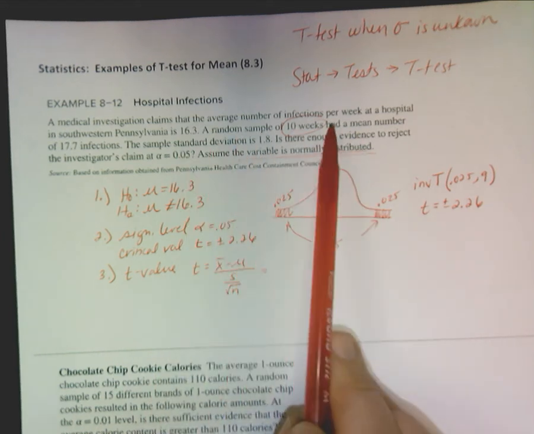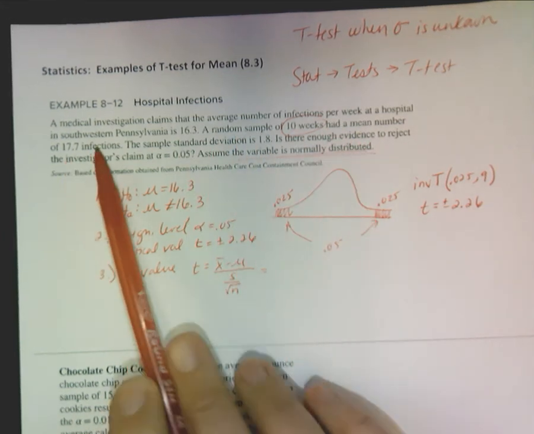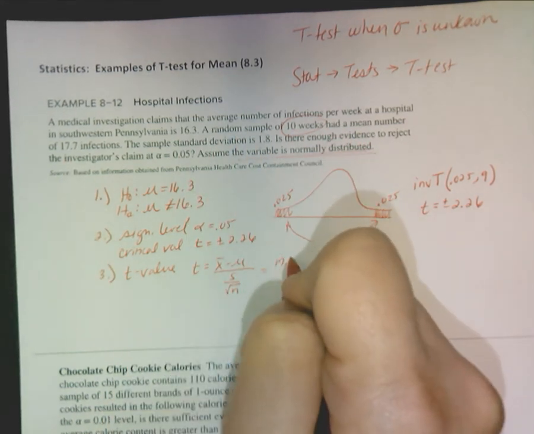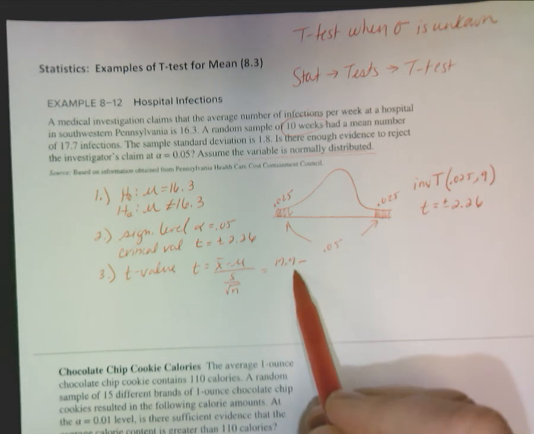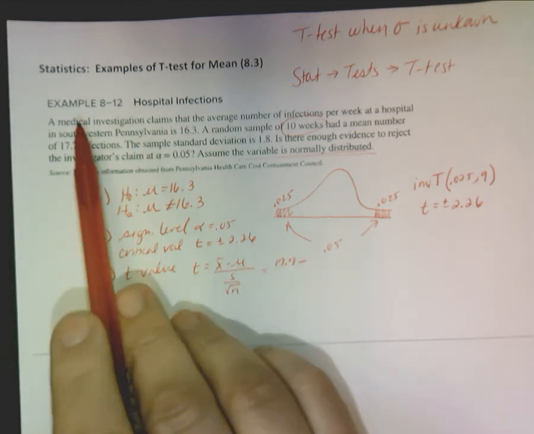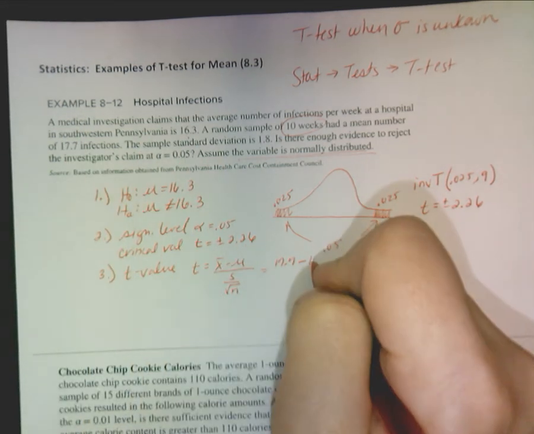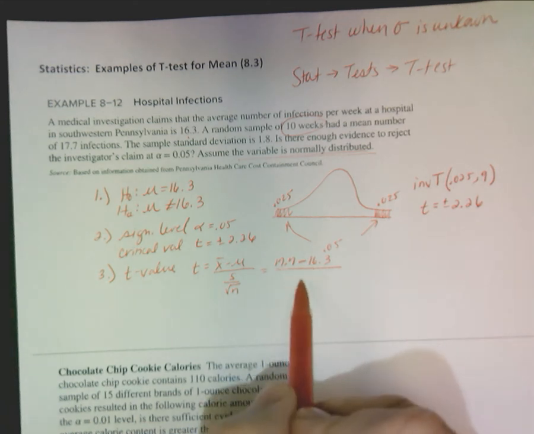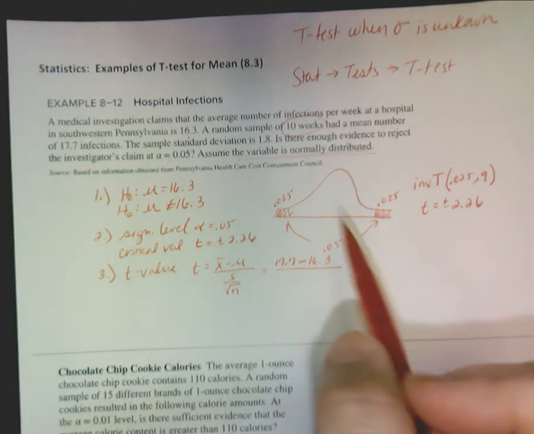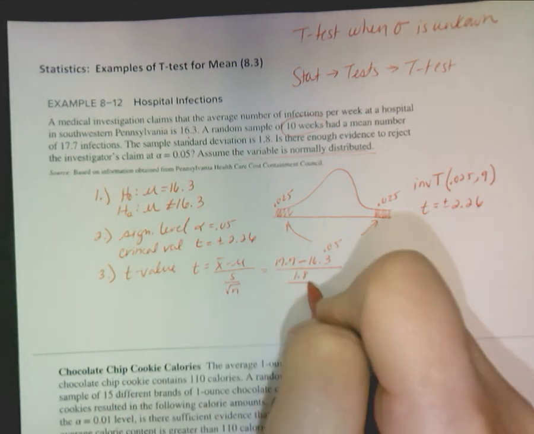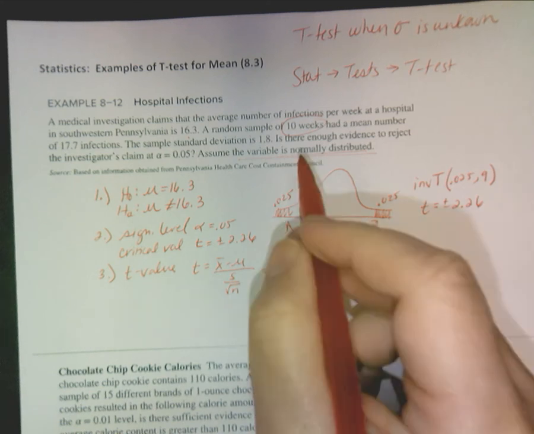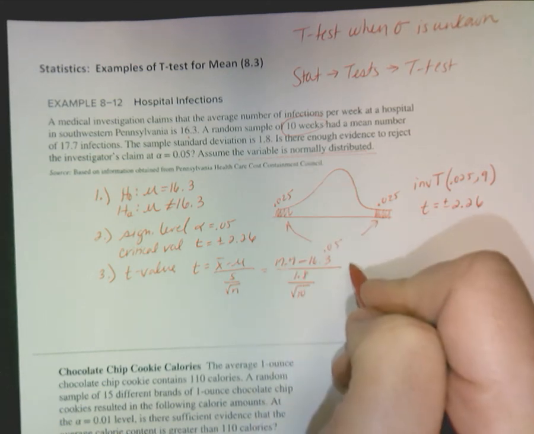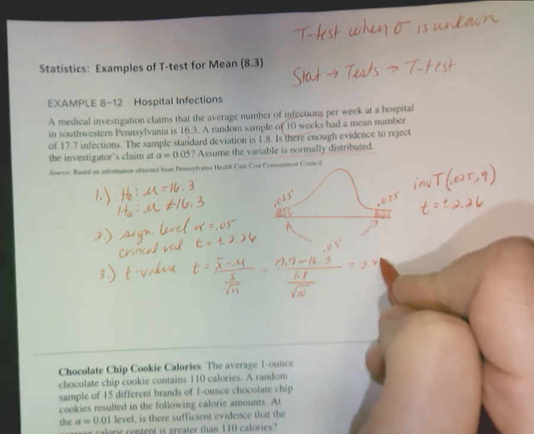A random sample had a mean of 17.7 minus the population mean of 16.3, divided by the sample standard deviation 1.8, divided by the square root of n, which is 10 weeks. And that is 2.45.